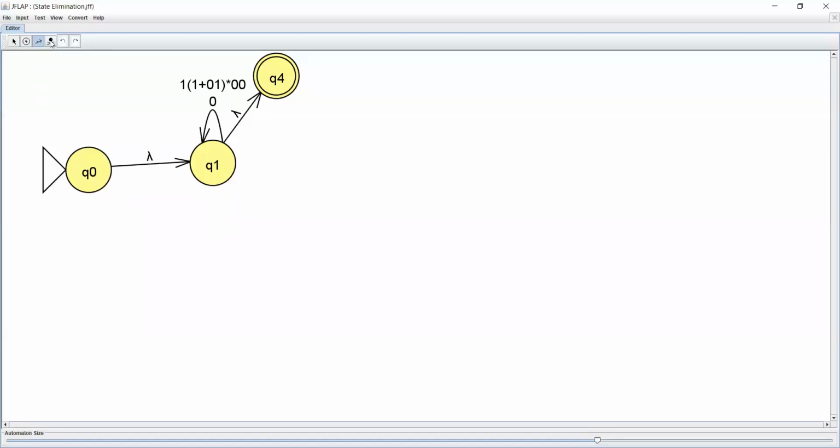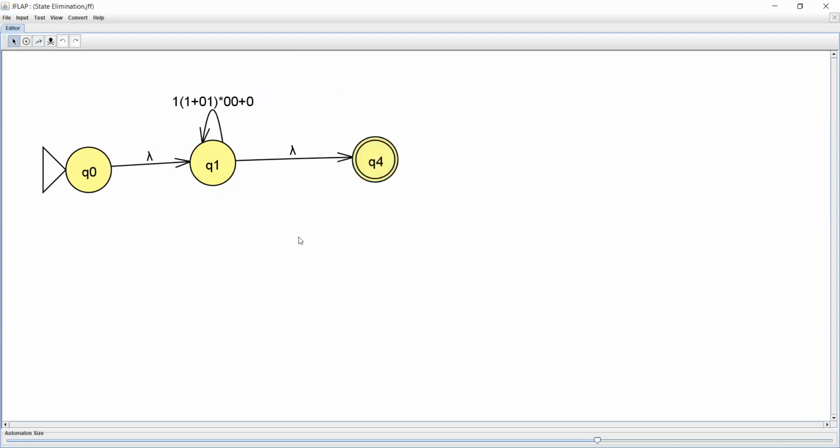Let me write 1 into (1 plus 01)* 00 plus 0. This is what my transition is going to be. So now we got some answer like this.